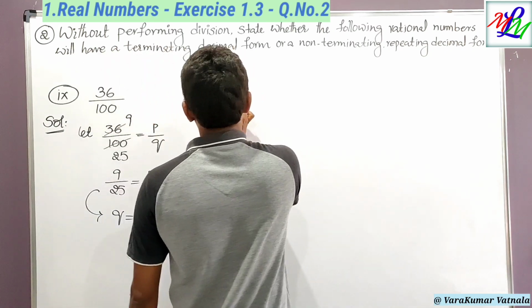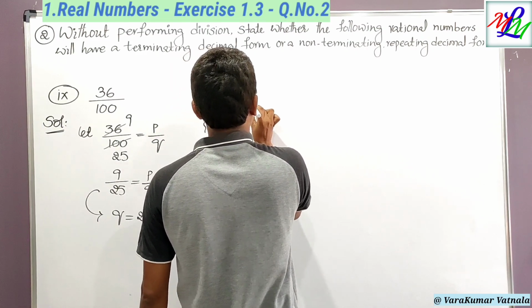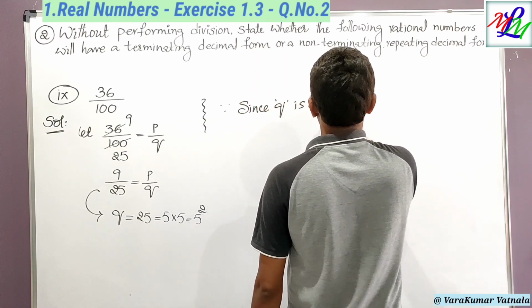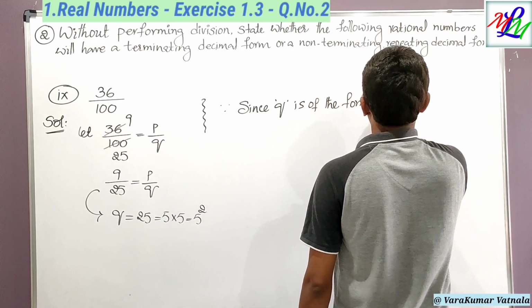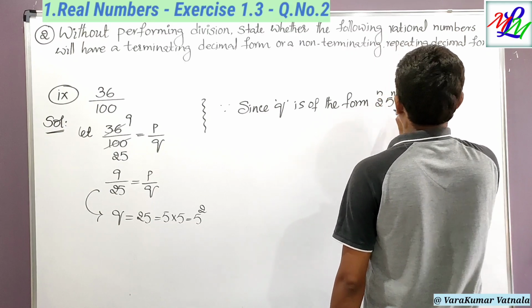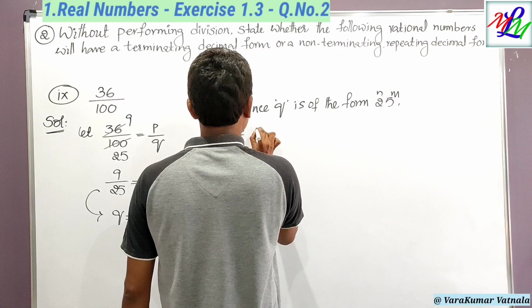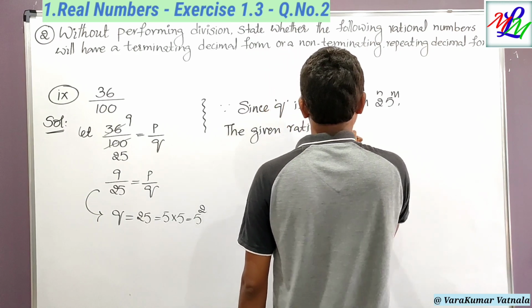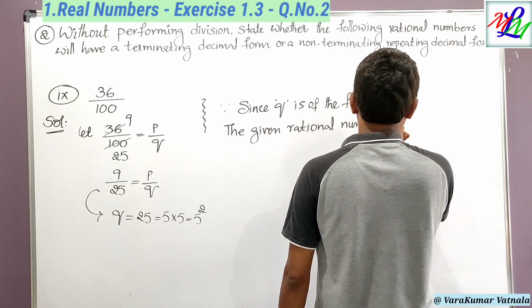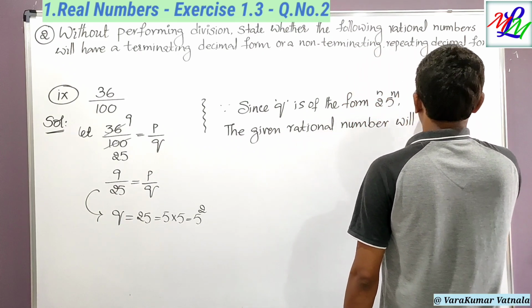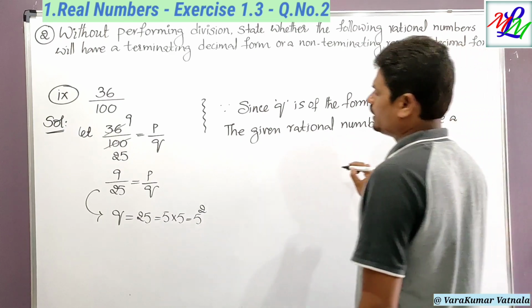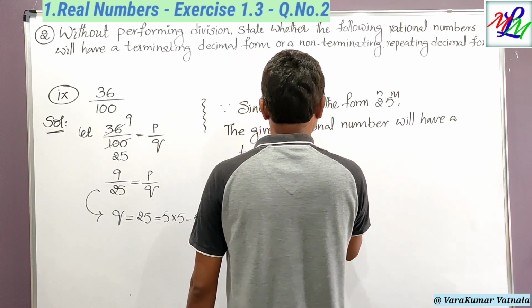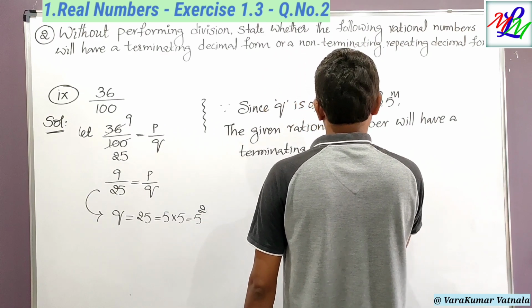So therefore, since q is of the form 2 to the power n into 5 to the power m, the given rational number will have a terminating decimal form.